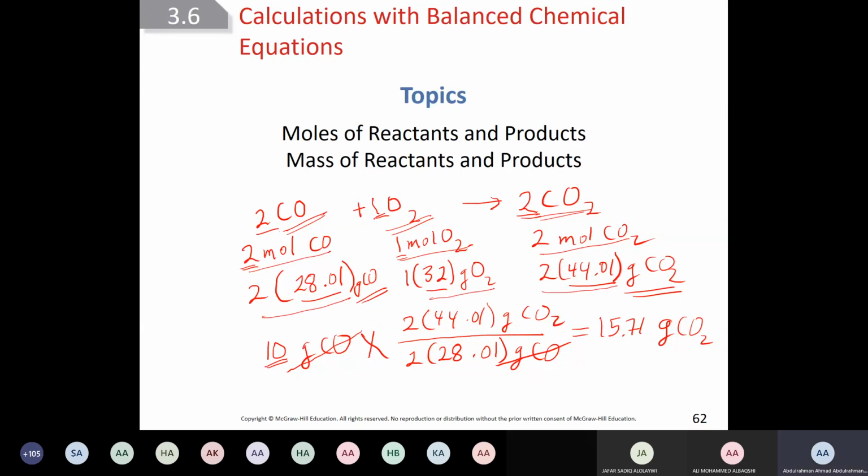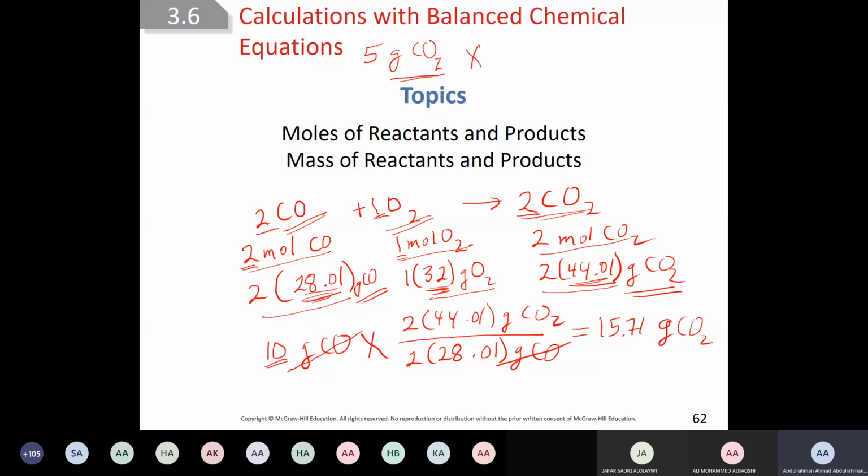What's the next step? Change it to grams. Clear? How can you change it to gram? From periodic table. Use the periodic table all the time to find these masses. And then if I give you any one of them, then you should tell what's the amount of the other one. So if I have only 5 gram CO2, then how much CO do I need to make the reaction? See, what I have here is gram CO2.